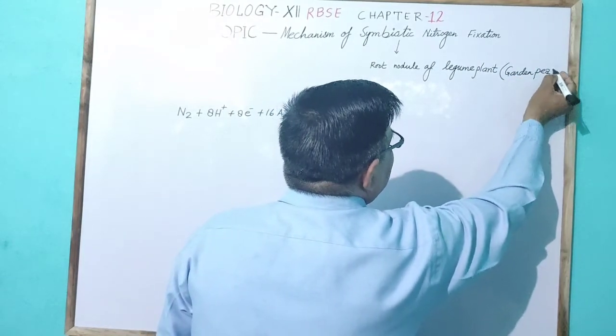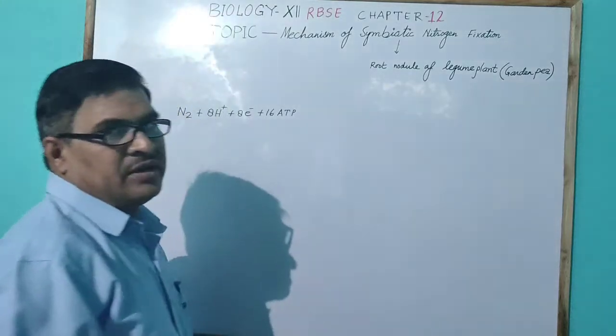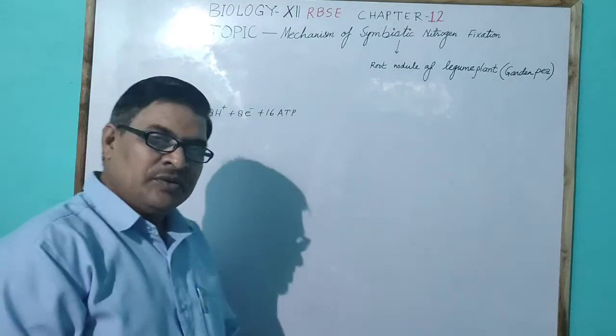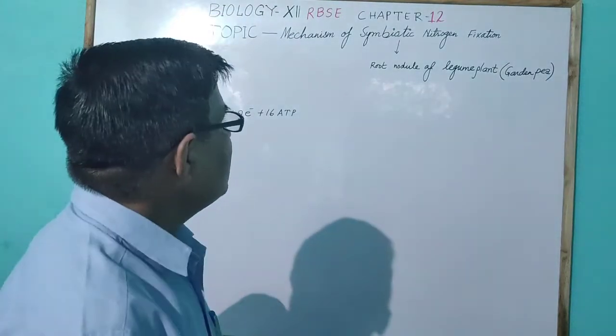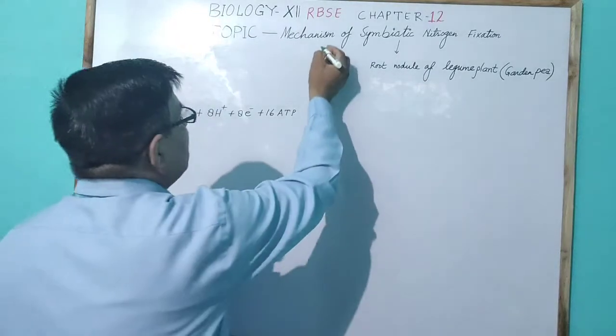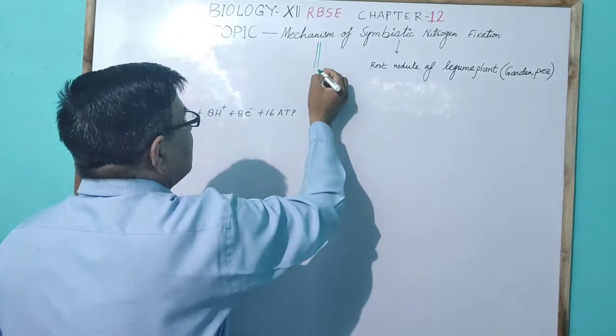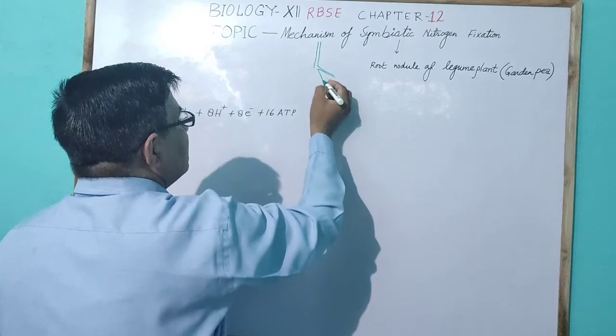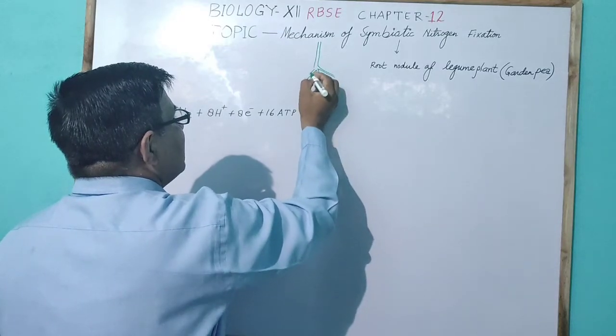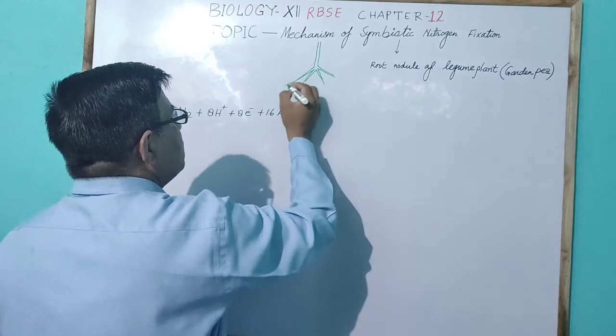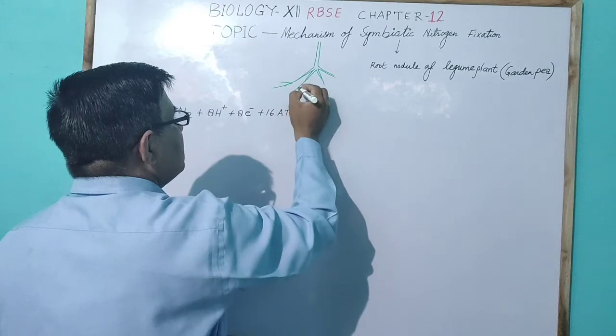Here in the garden pea, which has root nodules, suppose this is the stem, and the stem divides into the taproot found in the pea plant.